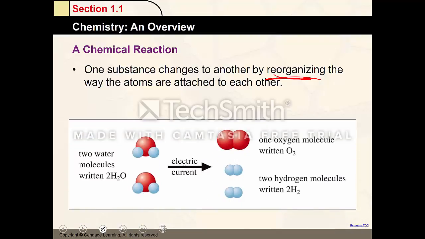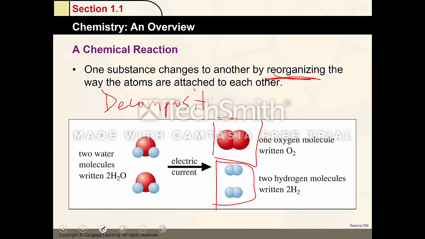If you run an electric current through water, it breaks apart into one oxygen molecule and two hydrogen molecules. Later in the year we are going to talk about the different types of chemical reactions, and this type is called a decomposition reaction.